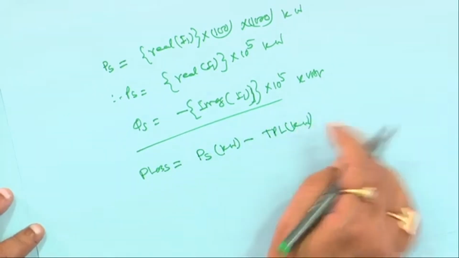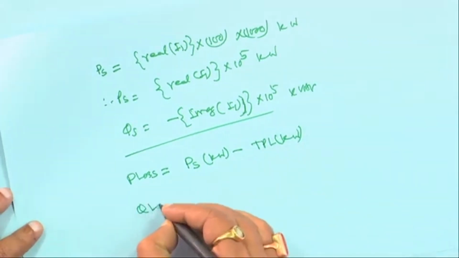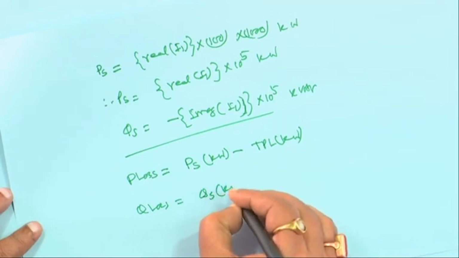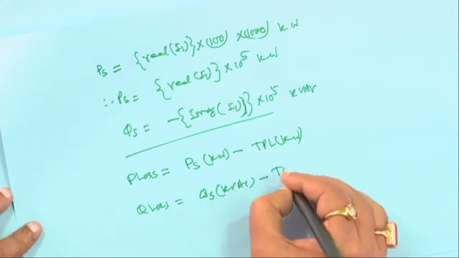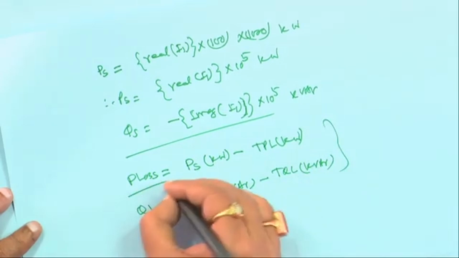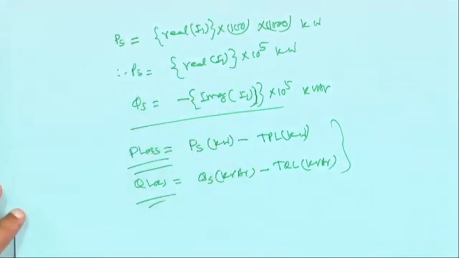That means TPL is the sum of all the real power loads. Similarly, Q loss is QS, if it is in kilovar, minus TQL, in kilovar. So, this is P loss and this is Q loss, right. So, this way you can compute.